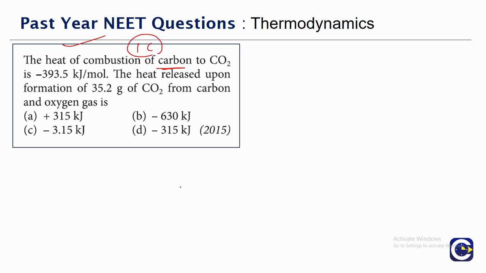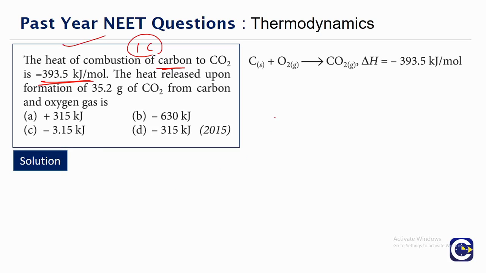Heat of combustion of any substance means the heat released or the energy exchange involved in the combustion of 1 mole of the substance. So heat of combustion of carbon is minus 393.5 kilojoules per mole, because this is per mole.